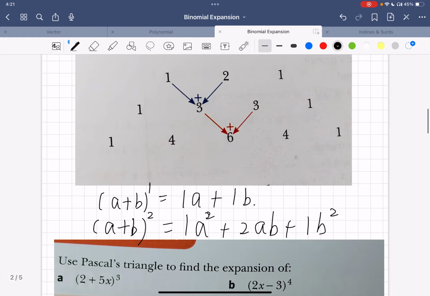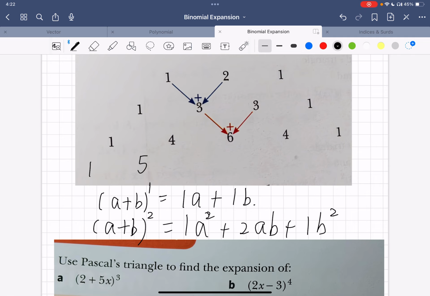And what if we've got power 5? Then you can just repeat this pattern, this order forever, right? So it's 1 and 5, okay?